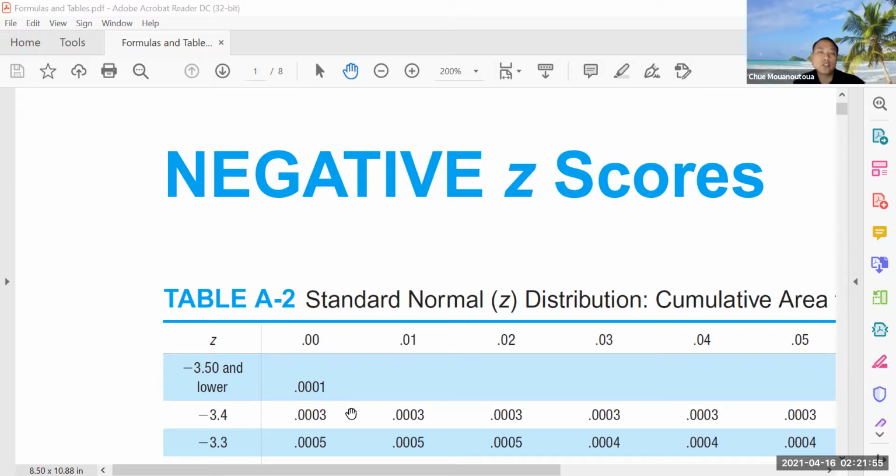So the table gives us the area on the left side for Z less than negative 3.5 and anything lower, and in this case we have negative 4.3, so we use the area on the left, 0.0001, and that area is the p-value.